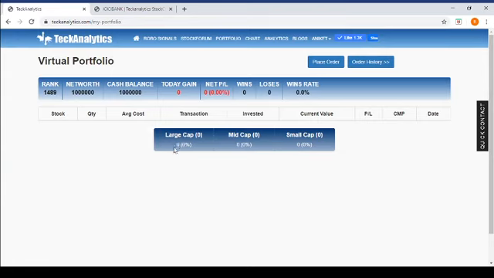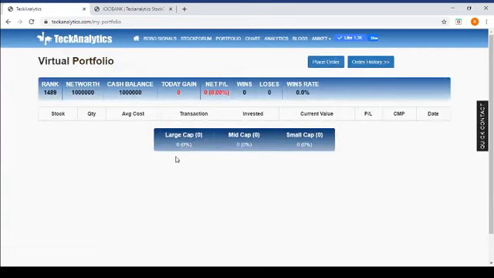And what is the percentage of the total investment? Suppose you buy 5 lakhs of stocks. Out of 5 lakhs, 3 lakhs goes to large cap, 1 lakh goes to mid cap, and 1 lakh goes to small cap. So this value will show you the number of stocks, and this will show you the percentage wise.